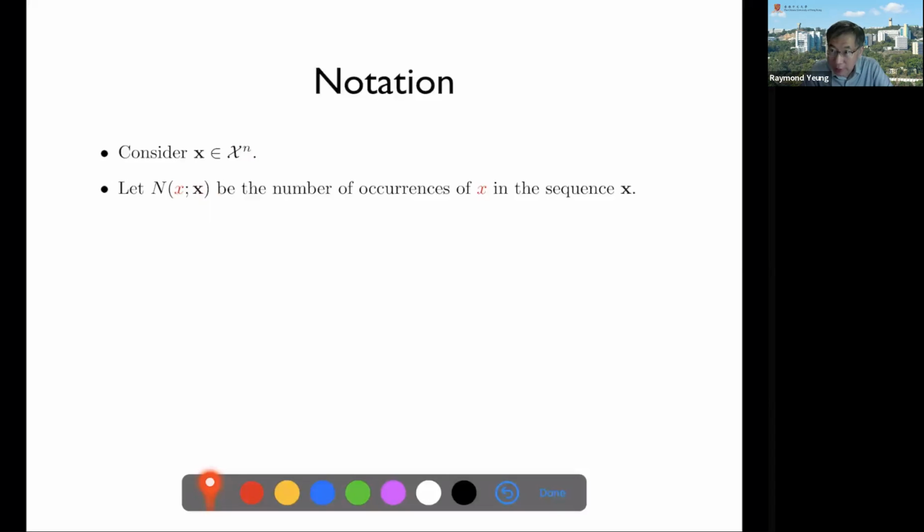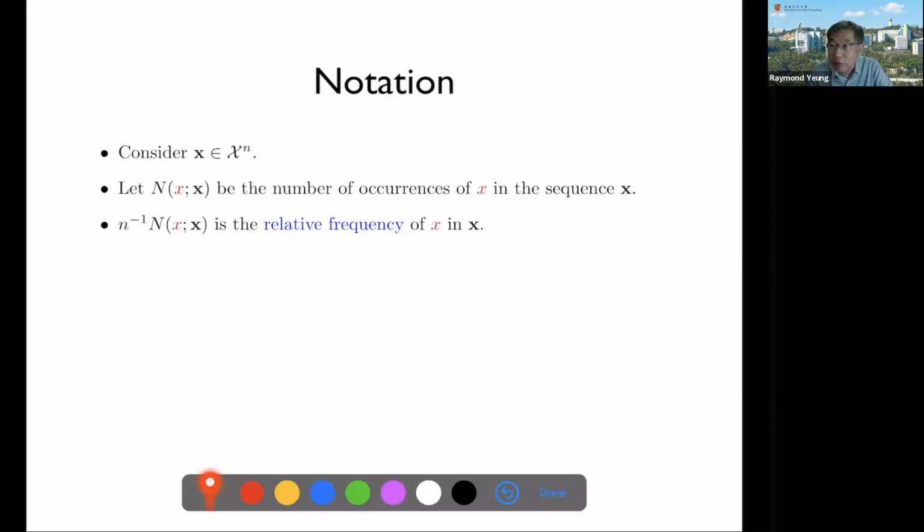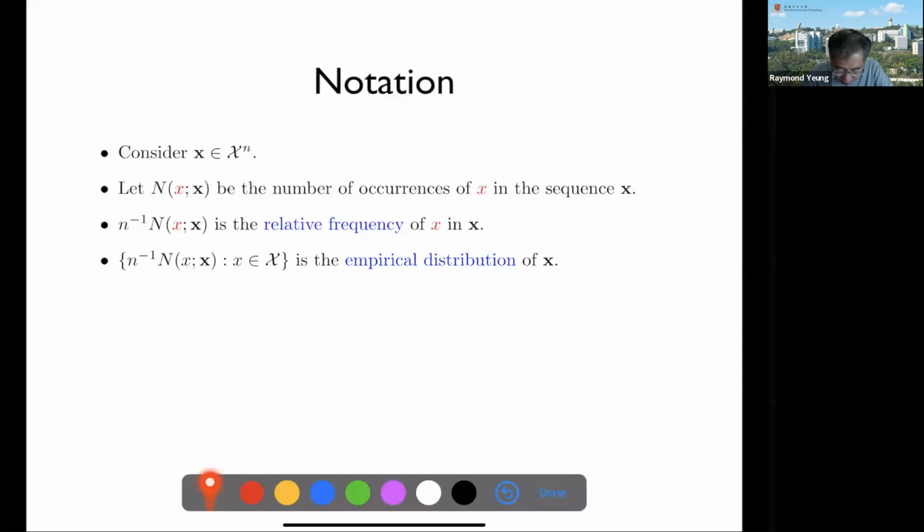I'm going to give you an example to illustrate this in a moment. If you divide this number of occurrences by the length of the sequence, it becomes the relative frequency of occurrence of this value in the sequence. The collection of relative frequencies is called an empirical distribution. It tells you which symbol occurs with what fraction of time.